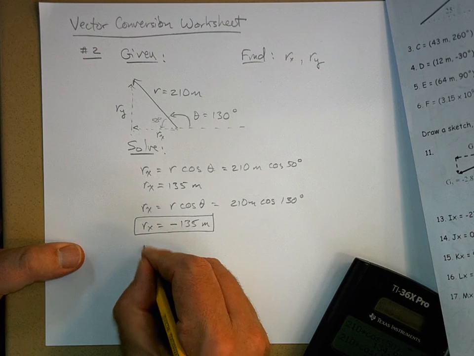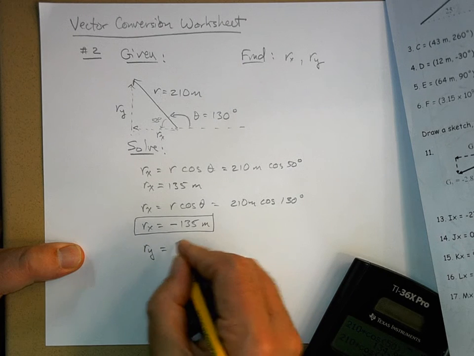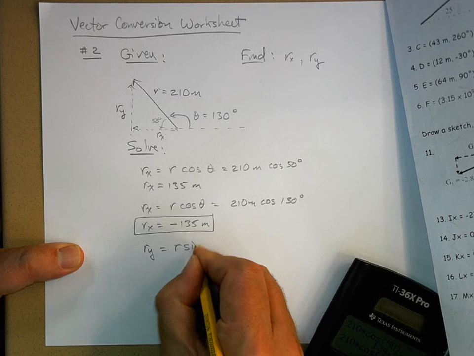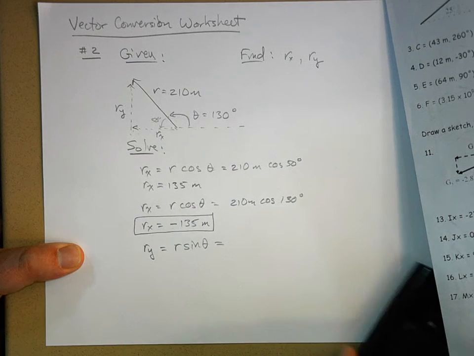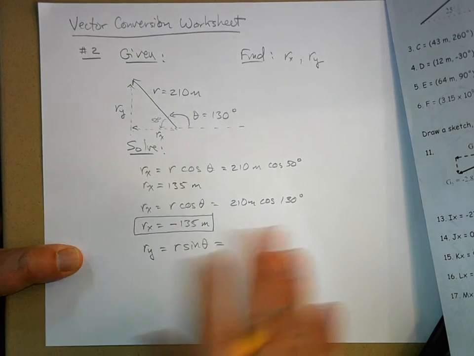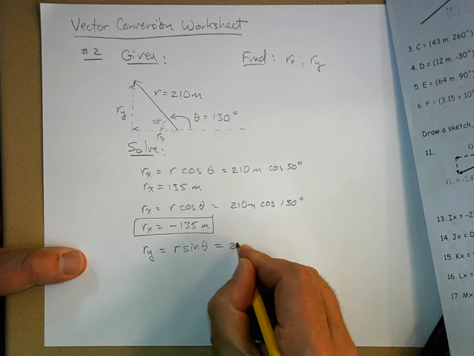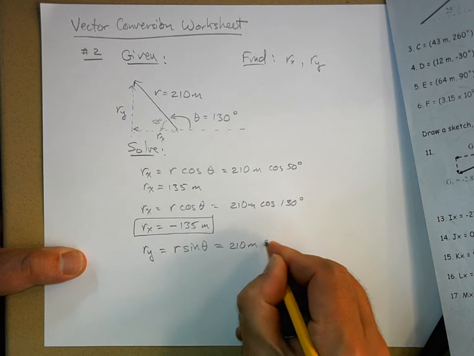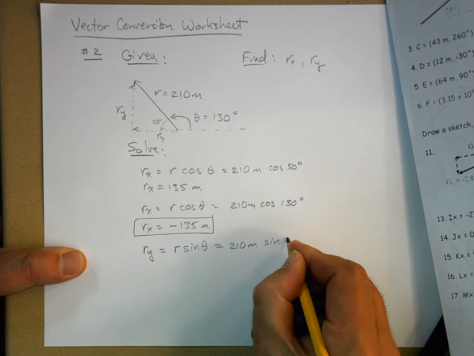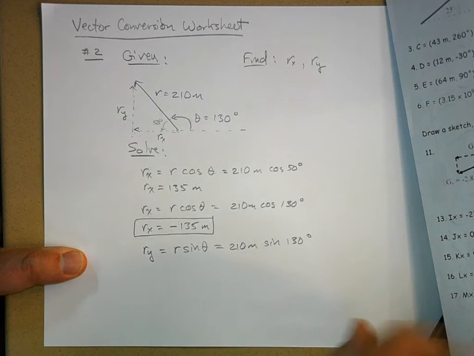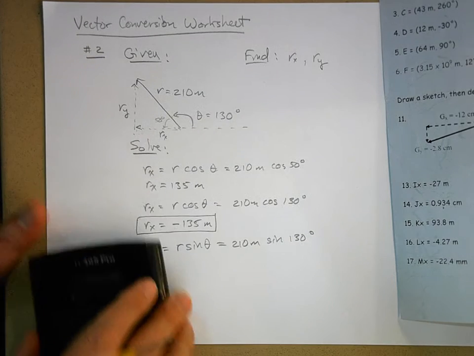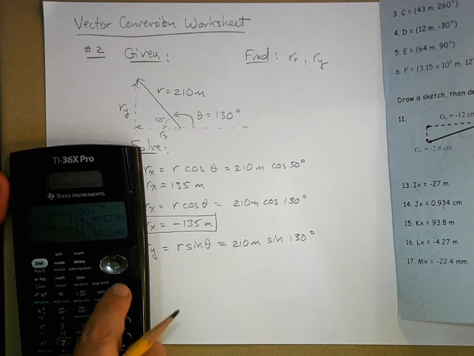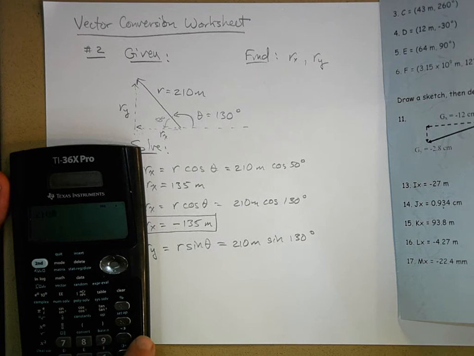All right, so let's do Ry equals R sine theta. And so that's 210 meters times the sine of, well, let's use 130 degrees. So let me clear it. 210 times the sine of 130 degrees.